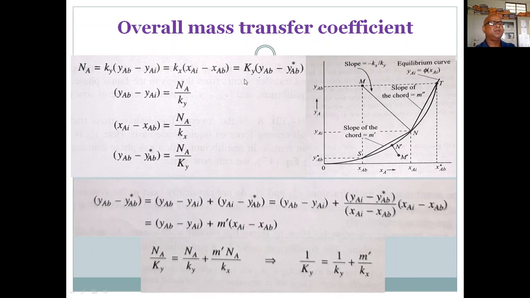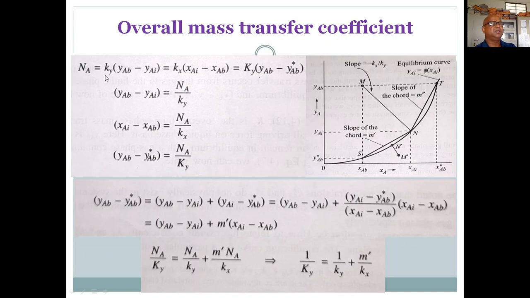And now what we did, capital K_Y into Y_AB minus Y_AB star. So Y_AB minus Y_Ai equals N_A by small k_y. Similarly, X_Ai minus X_AB will be N_A by small k_x, and Y_AB minus Y_AB star equals N_A by capital K_Y. So I can write this relation because the flux will not change.